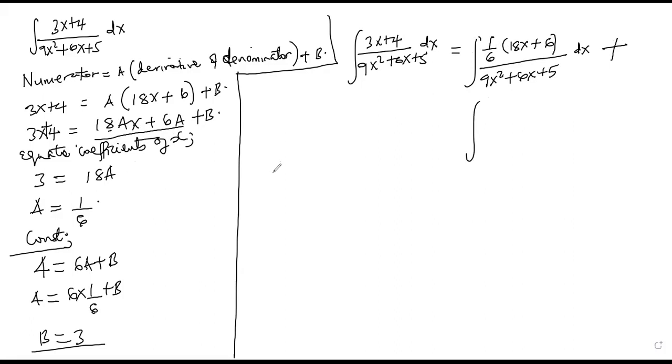Yes, Emily? So it's supposed to be 18x plus 1. Oh yeah. 18x plus 1, good. Then over this, then plus the value of b, which is it?